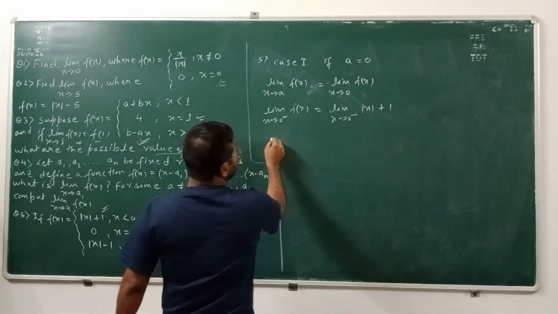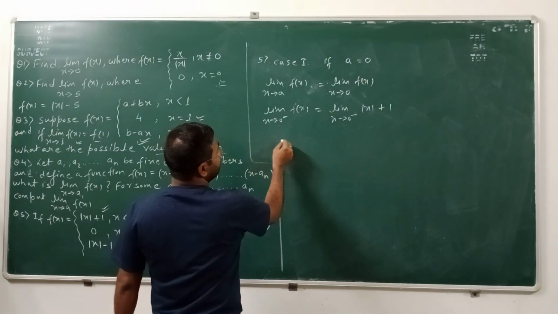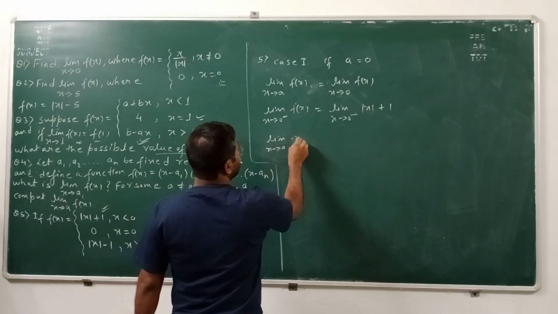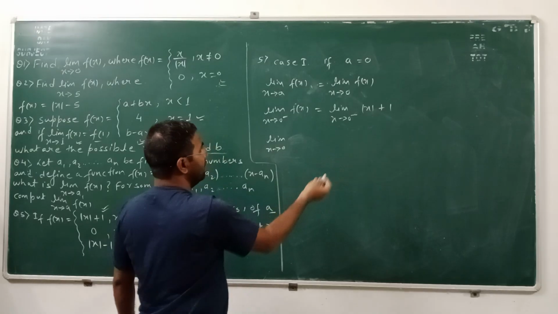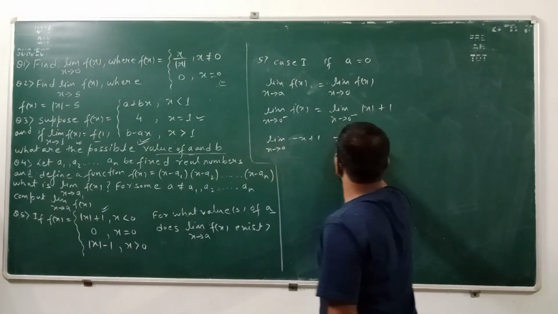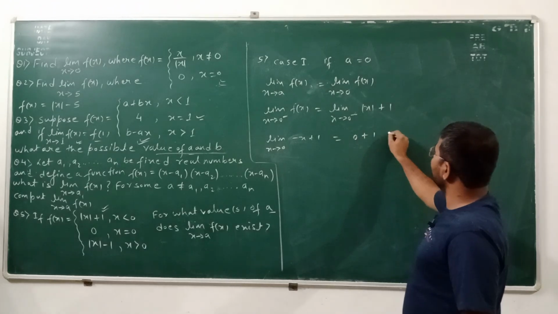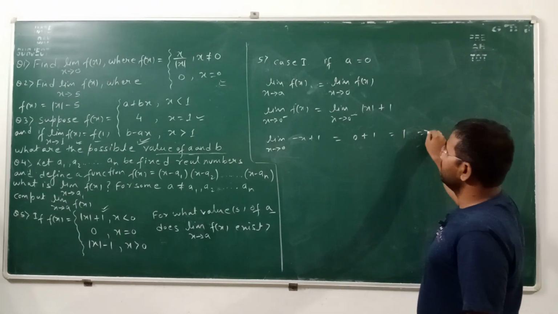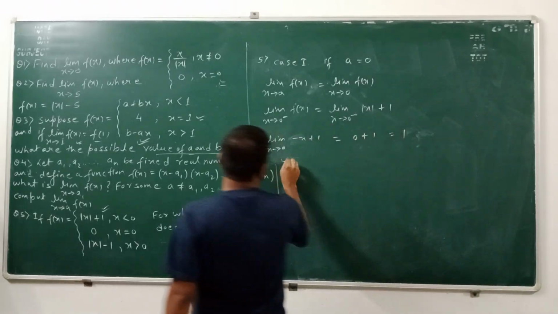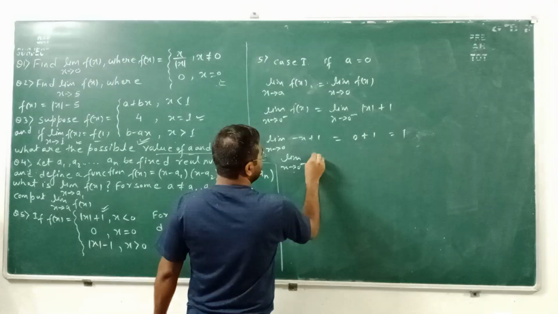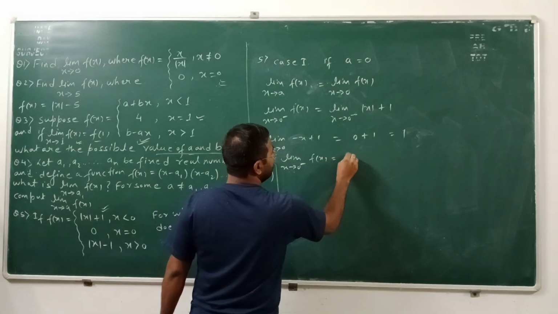The limit as x tends to 0 of mod of x plus 1, where mod of x is minus x, gives minus x plus 1. Then 0 plus 1 will come, so 1 will come. So the limit as x tends to 0 minus of f(x) will be 1.